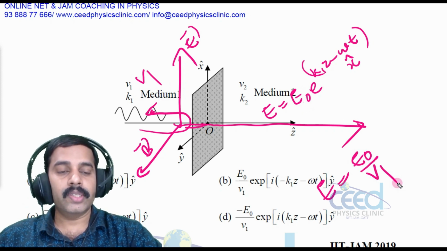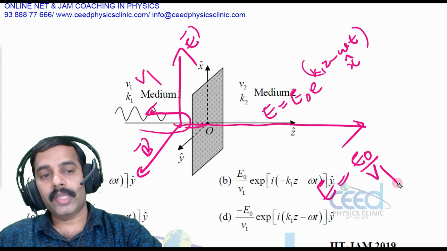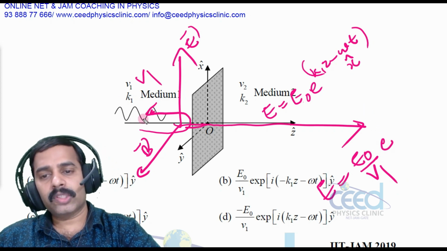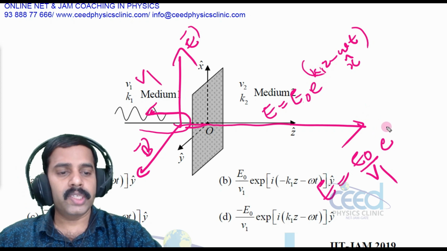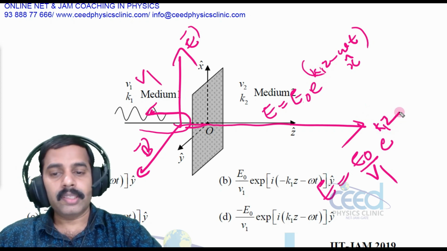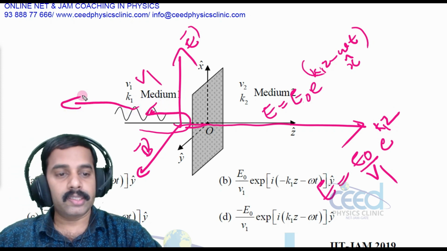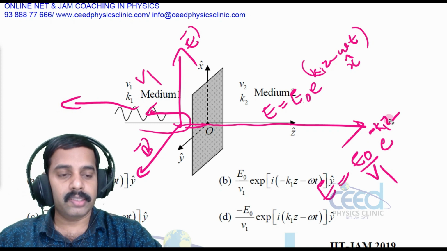So 180-degree phase difference, right? So that means E raised to, and it is reflected to the same medium, so there is no change for the wave vector, that is k1z, but after reflection it is propagating in the negative z direction. So minus k1z, minus omega t.